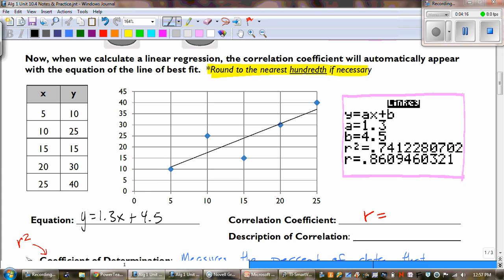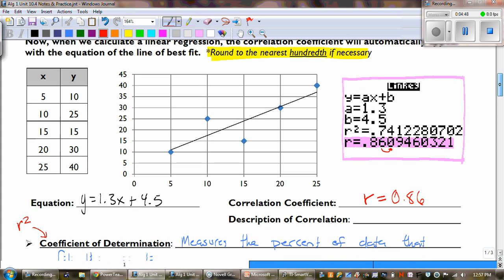Now, our correlation coefficient, that's what r is. And r is right here. And that's where we want to round. So when I round this, that's going to be 0.86. So our correlation coefficient is 0.86.